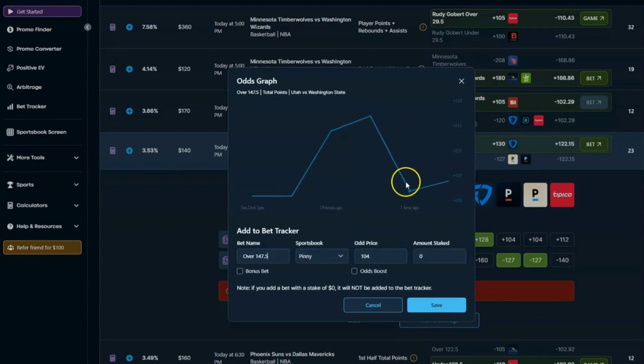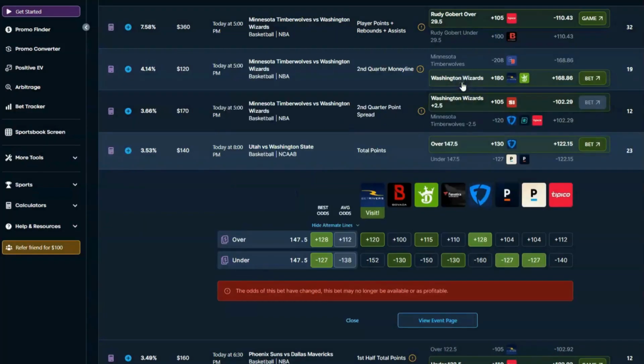Certainly this is going in that direction, where the plus 117 is now plus 104. That's a really good thing, because this looks like a very good outlying situation where you can pick this up at plus 128 versus the plus 104 that Pinnacle would have. You can see some other books are even close, but not as good as this 128.